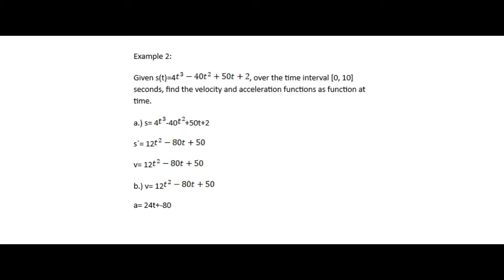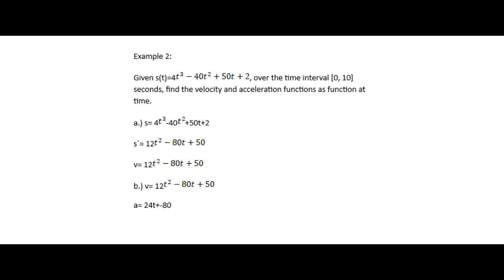Example number 2. Given s of t equals 4t cubed minus 4t squared plus 50t plus 2 over the time interval of 0 to 10 seconds. Find the velocity and acceleration functions as functions of time.